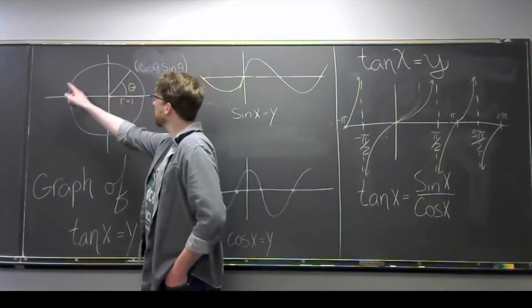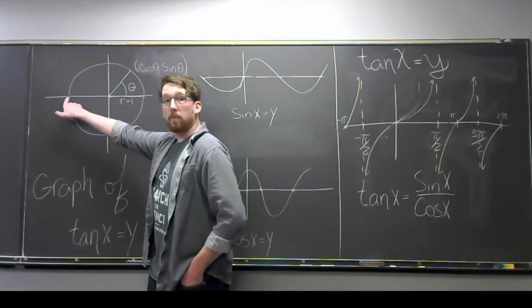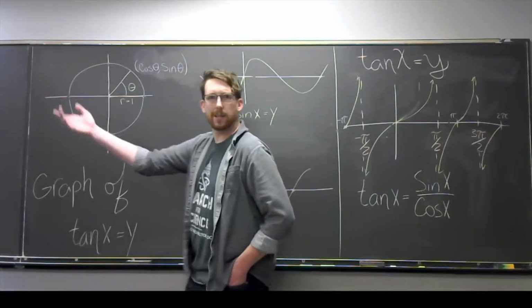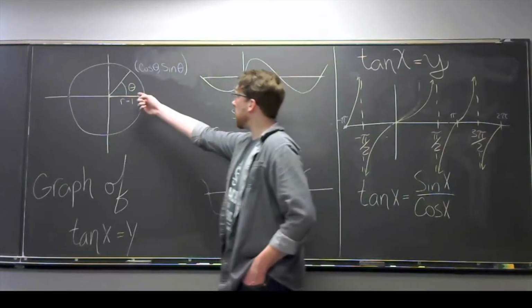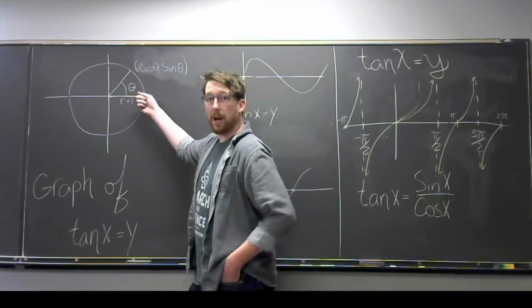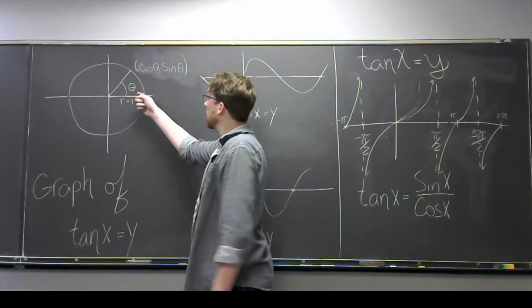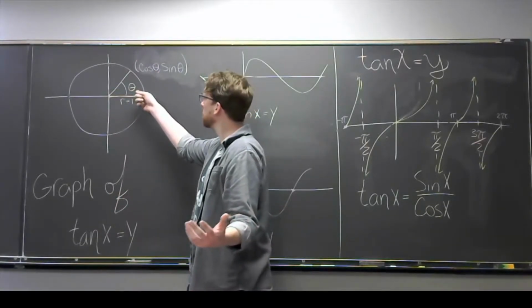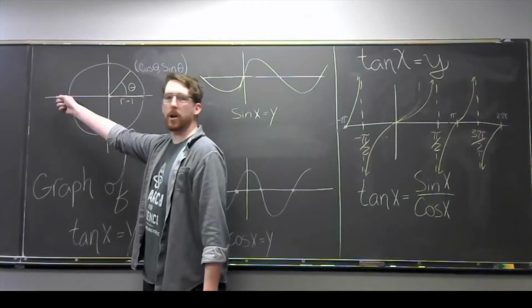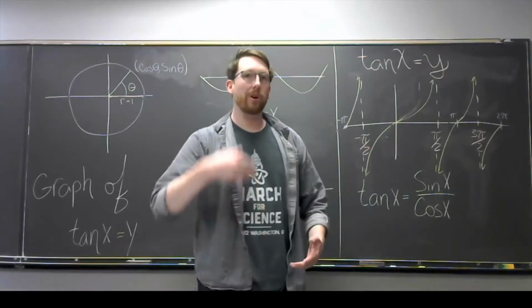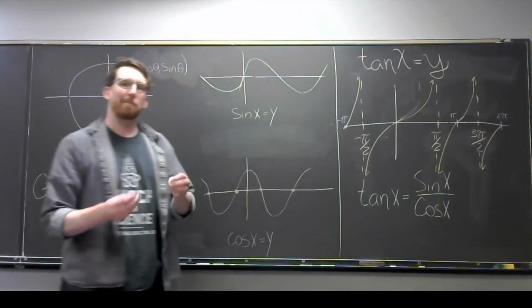We move on through. At an angle of pi, sine is 0 again. Move on through. At another angle of pi, so now we're at 2 pi, we've gone all the way around. Sine is 0. We move halfway around again. Sine is still 0. Over and over again. This always happens at multiples of pi.